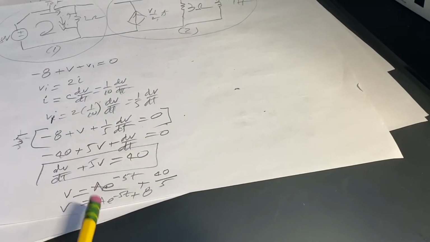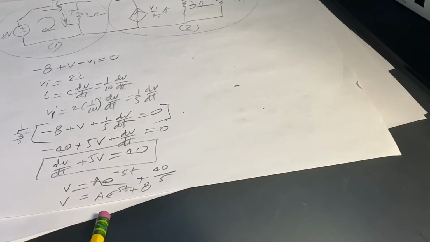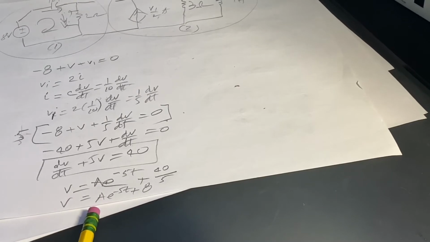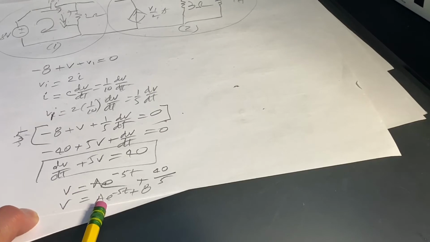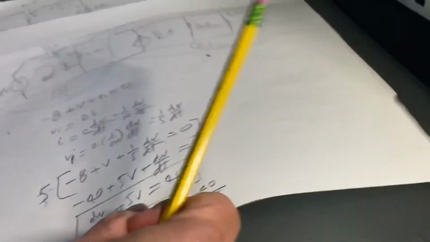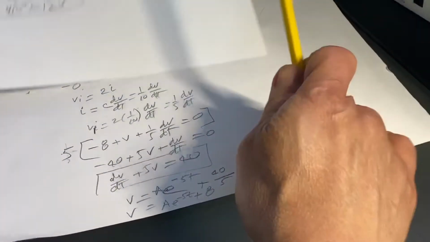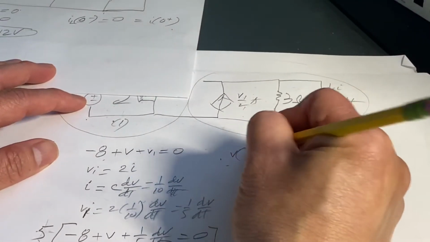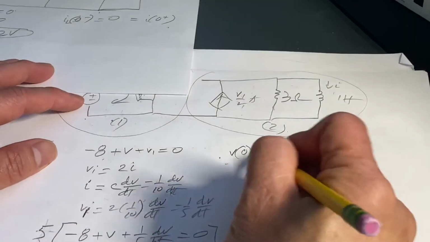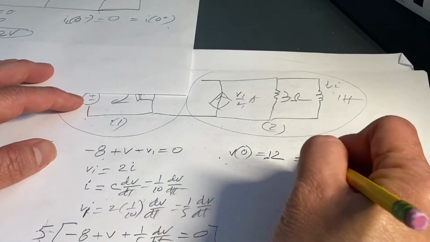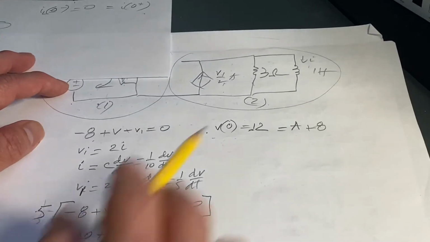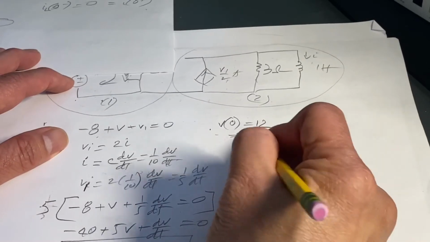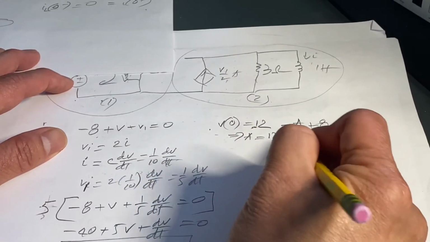But I have to find the constant A. To find the constant A, I use the initial value of V. I know that the initial value of V equals 12 volts. So V at 0 equals 12 equals A plus 8, at t equal 0. So A equals 12 minus 8 equals 4.